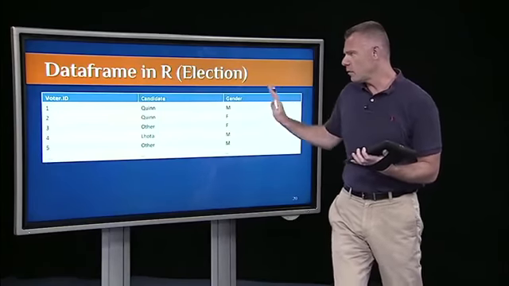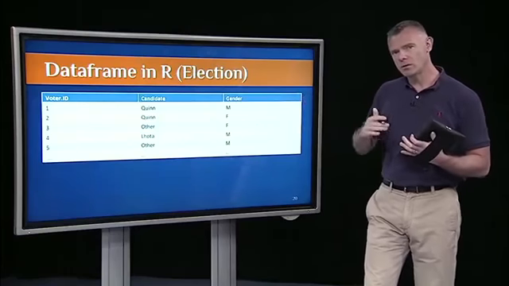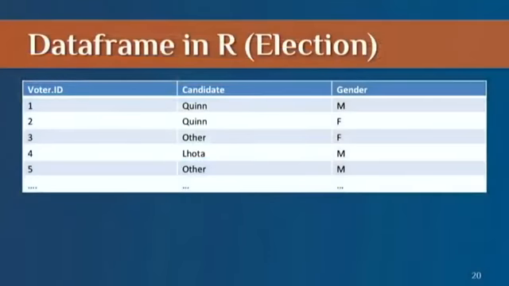I need to say a few words about how to set this up in R. We'll do this in the next lab, but you'll typically see a data frame that looks something like this, where again you have one person represented per row. We have a voter ID number, just giving each person a number, 1, 2, 3, 4.